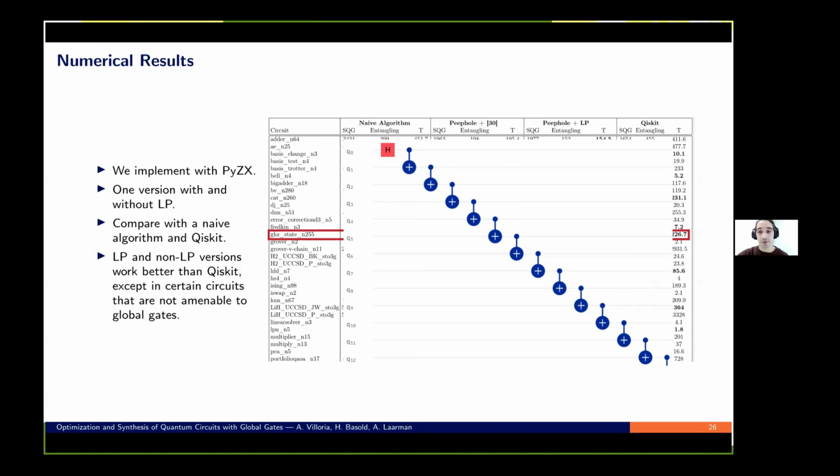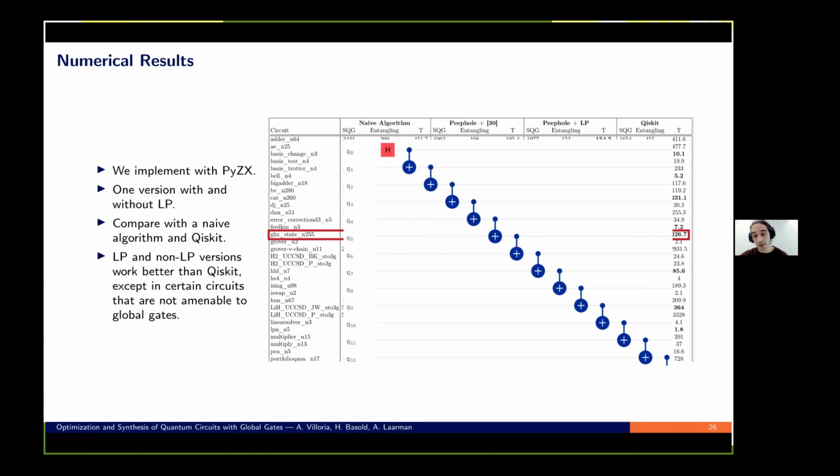This is an equivalent circuit, but going through the ZX calculus simplification and then extraction, since we are going through each frontier at a time, we are not able to see this better solution. But this problem is usually found just in circuits that are very simple like this, or where the CNOTs are arranged in a particular way that is not amenable for GMS gates.